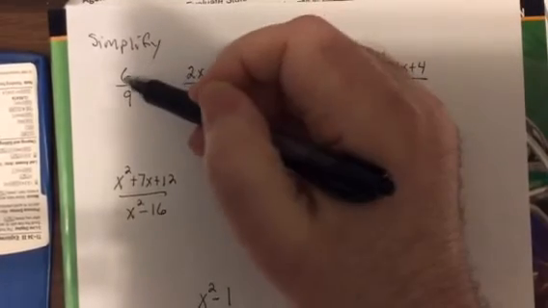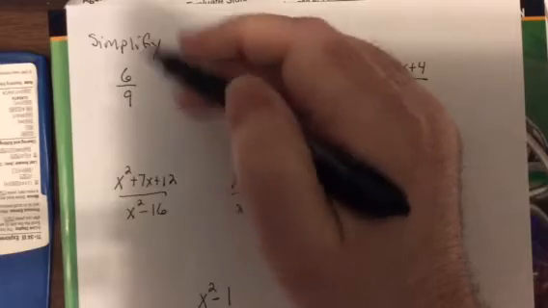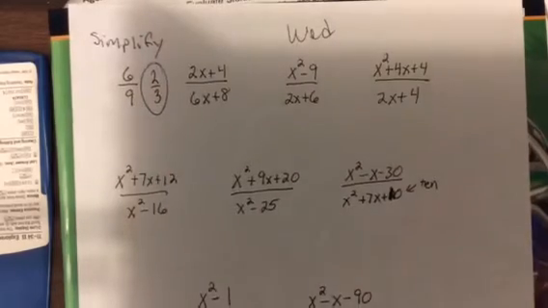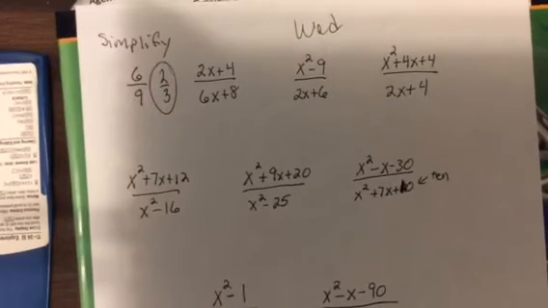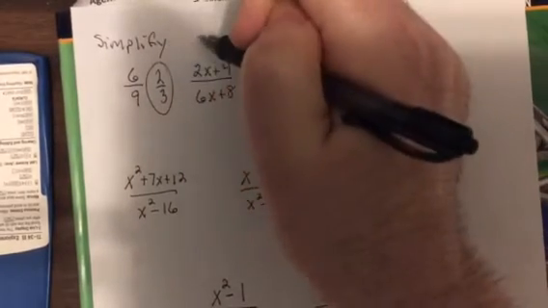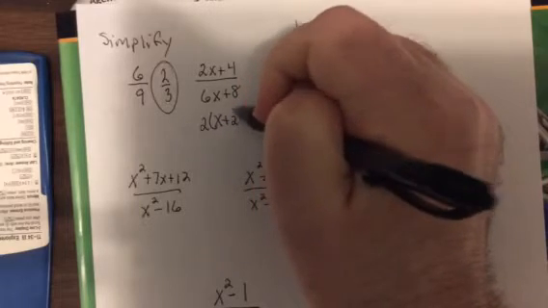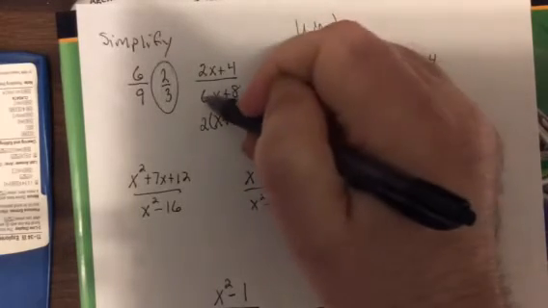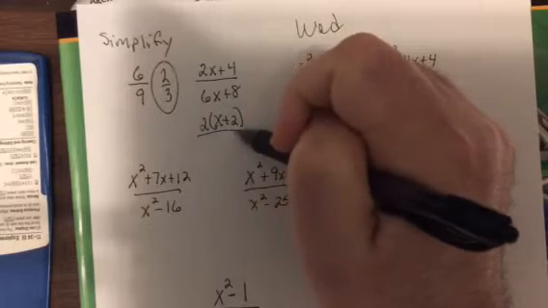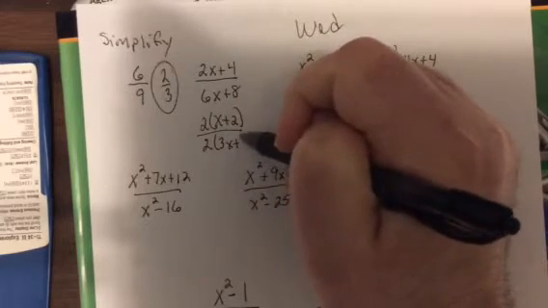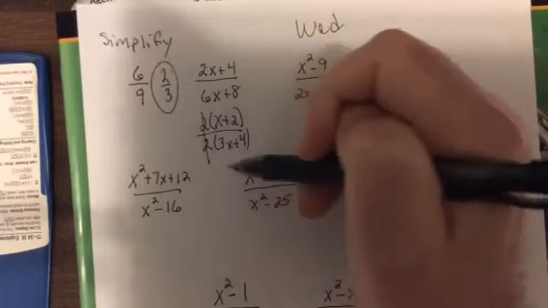I've said that several times. But anyways, here, what number goes into 6 and 9? That would be 2/3. Of course, the homework was due last night. 11 of you did it. Very good. Now, this one, you factor out a 2. Here you factor out a 2. And the only thing that cancels is this 2.